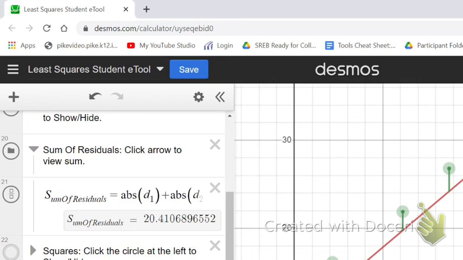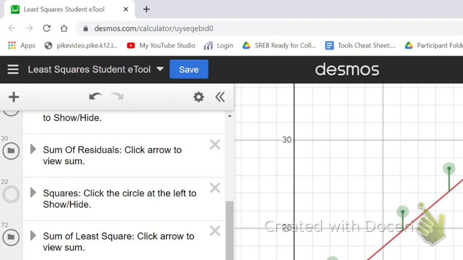That's not always going to give me the least distance between these. Instead of looking at the sum of my residuals, I square those. Now I've got this value down here. I can look at this from a visual perspective also and make these little squares. So I want these squares to be as small as possible.